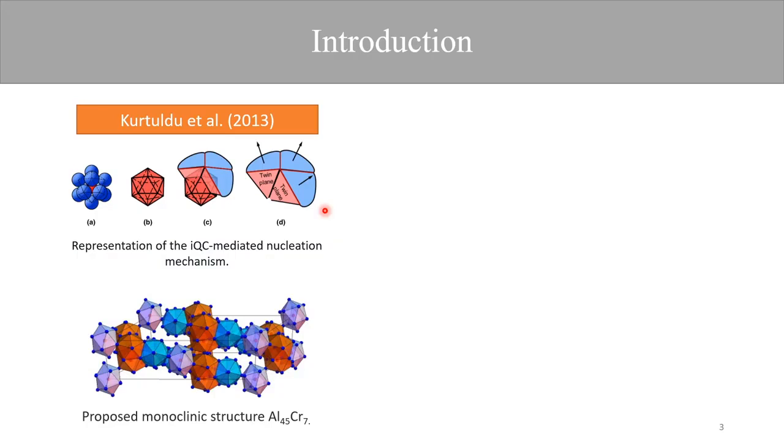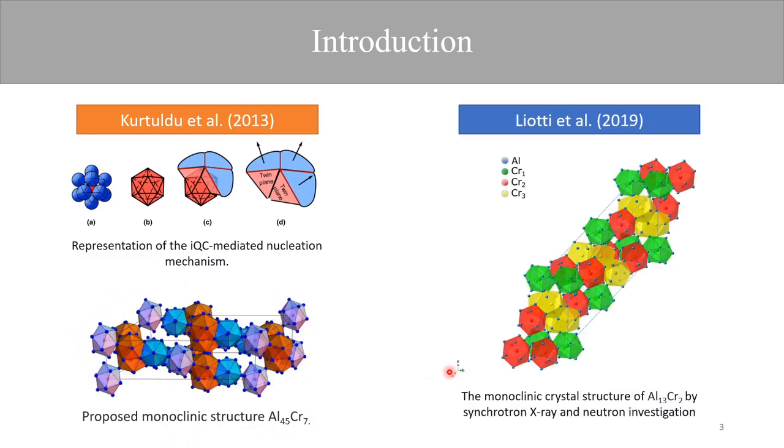Of course, they are going to be found as more complex icosahedral building blocks. A suggestion for an intermetallic, for example, is the Al45Cr7 as presented in this figure. There's another model also proposed for the Al13Cr2.